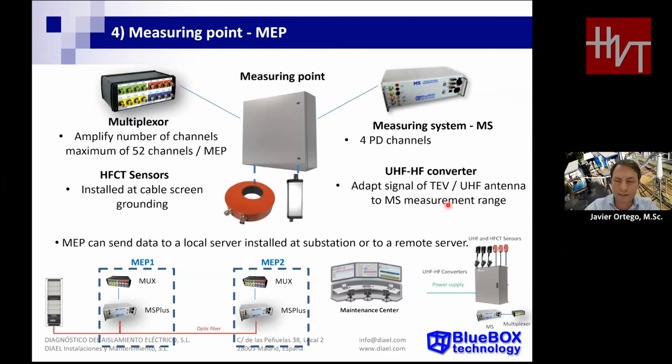We can acquire the data for ultra high frequency using a converter that will convert the ultra high frequency signal to high frequency signal. So using converters, we can adapt the signal to be acquired by the same high frequency instrumentation.